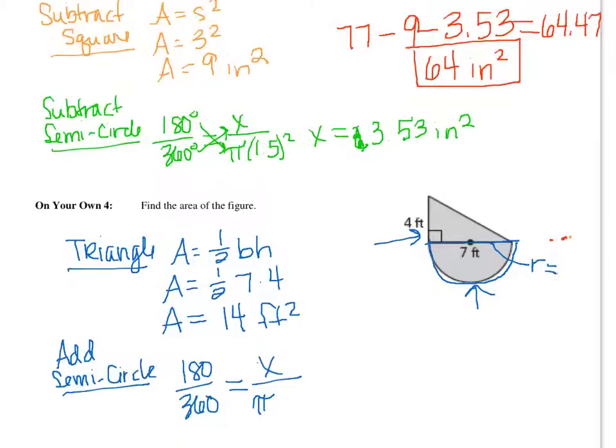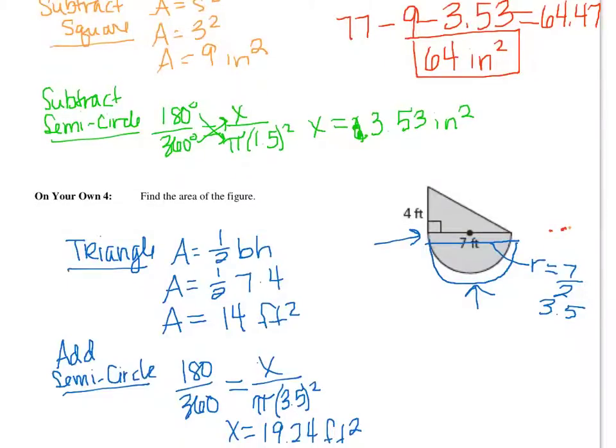So r here is going to be 7 divided by 2, so it's 3.5. So pi times 3.5 squared. So I set up that circle. If you do your cross multiplying, you'll find that x equals 19.24, and that would be feet squared again.